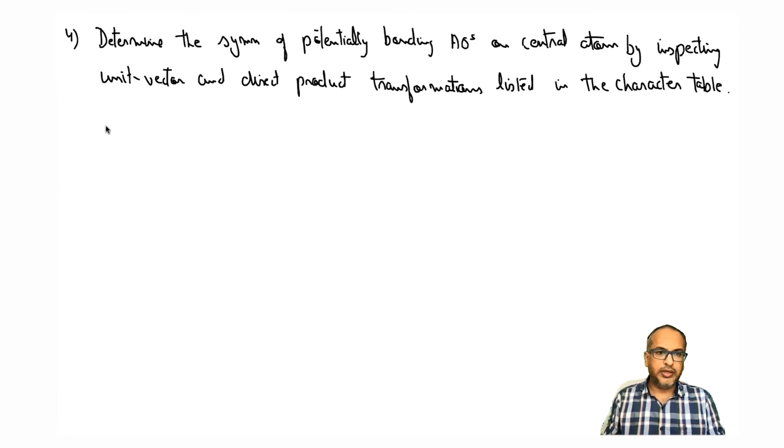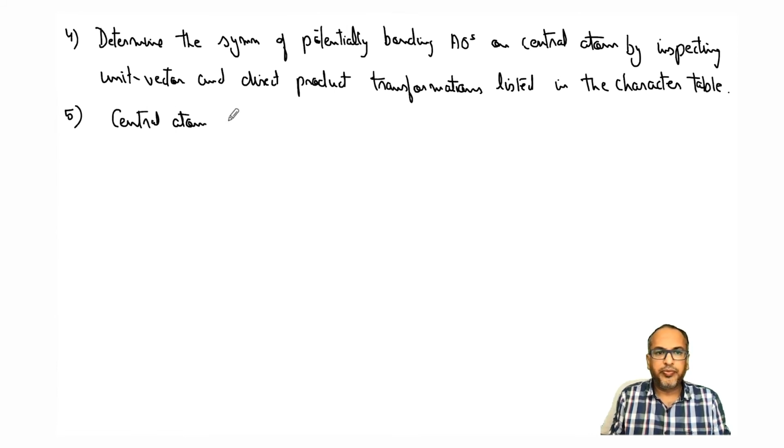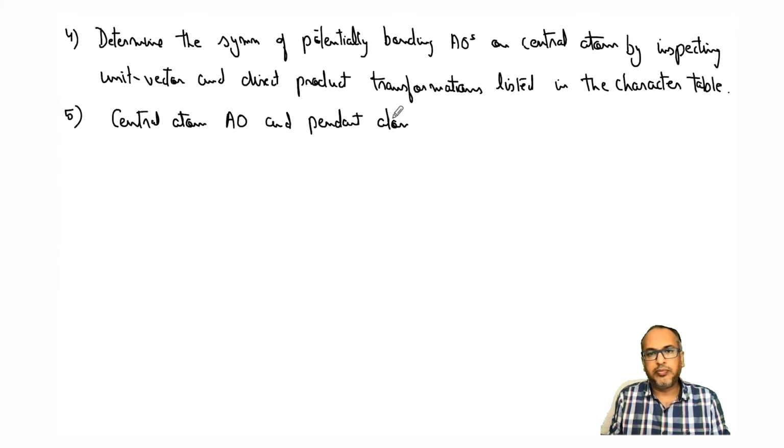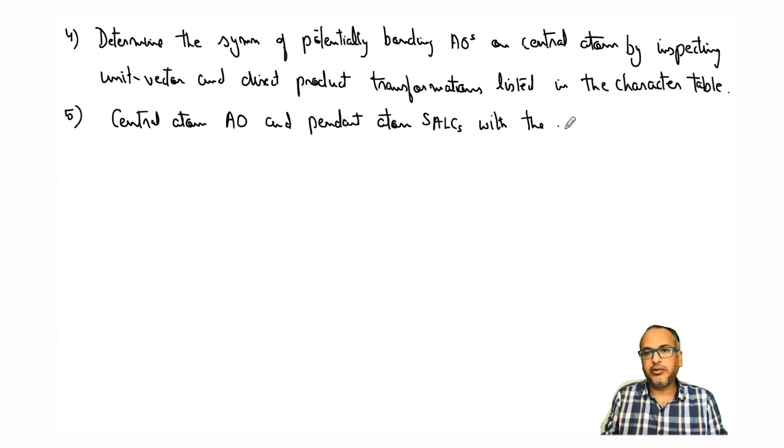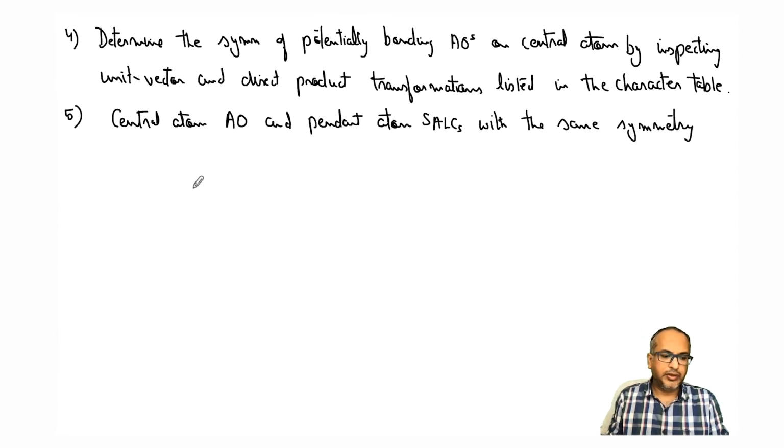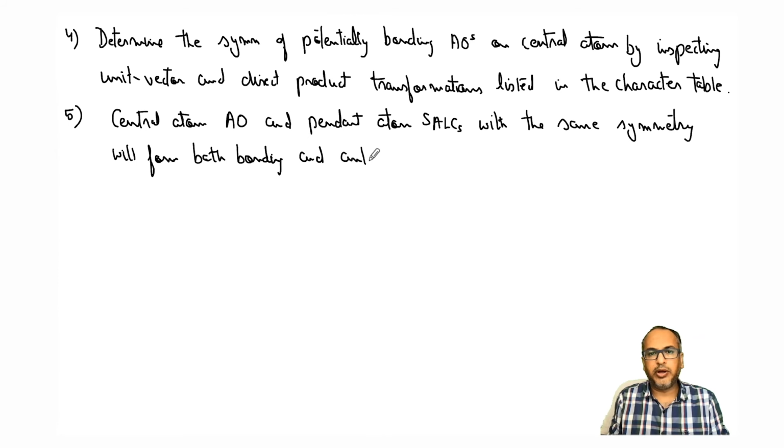So the next step would be: central atom atomic orbital and pendant atom SALCs with the same symmetry will form both bonding and anti-bonding MOs, or we can say linear combination of atomic orbitals MOs, because this is a linear combination.